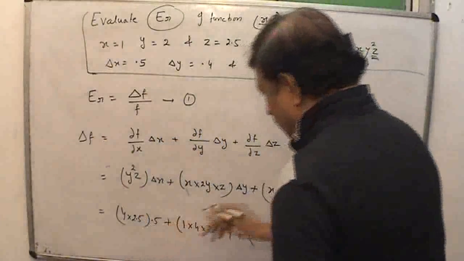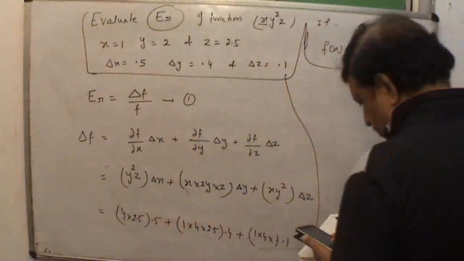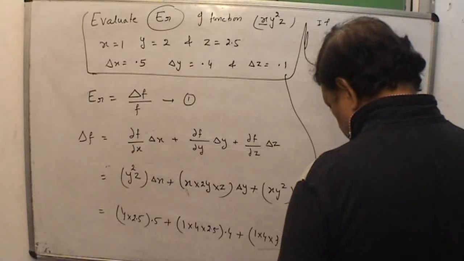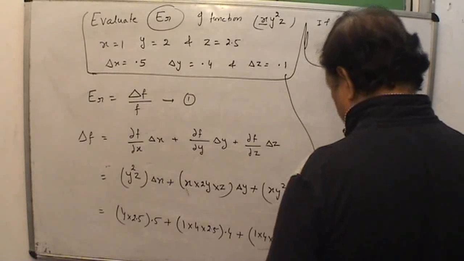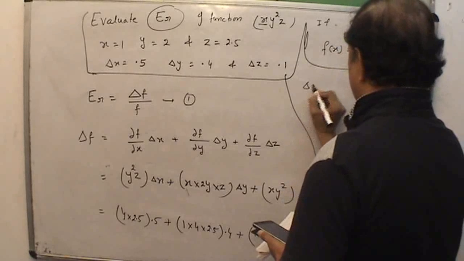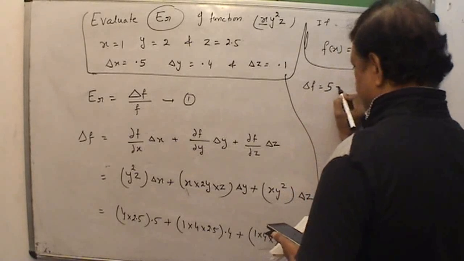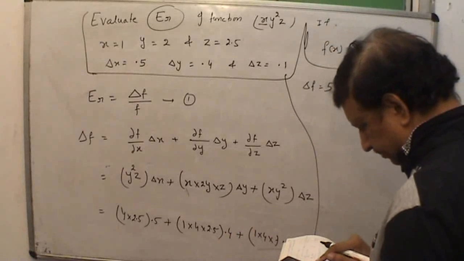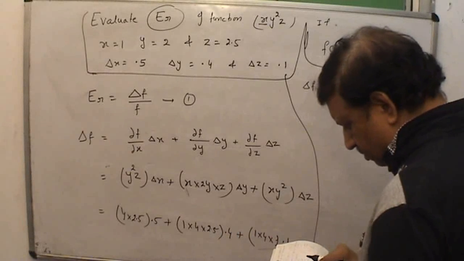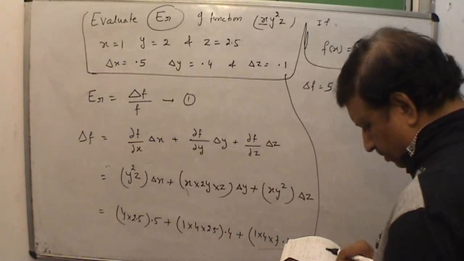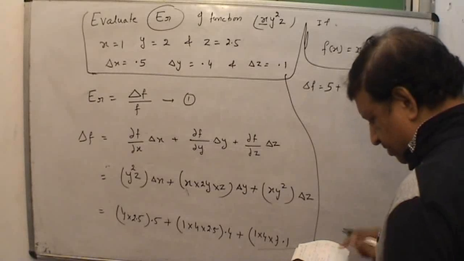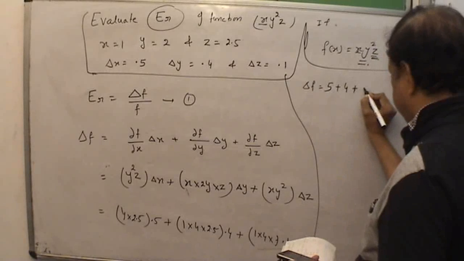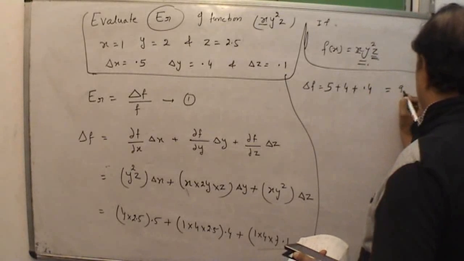Now we can calculate it. 2.5 into 4 into 0.5 is equal to 5. We are calculating delta f, that is 5 plus 4 into 2.5 into 0.4, that's equal to 4, so 5 plus 4 plus 0.4 is equal to 9.4.